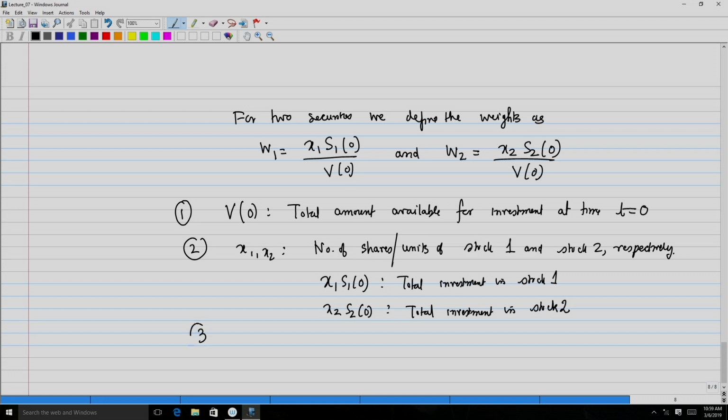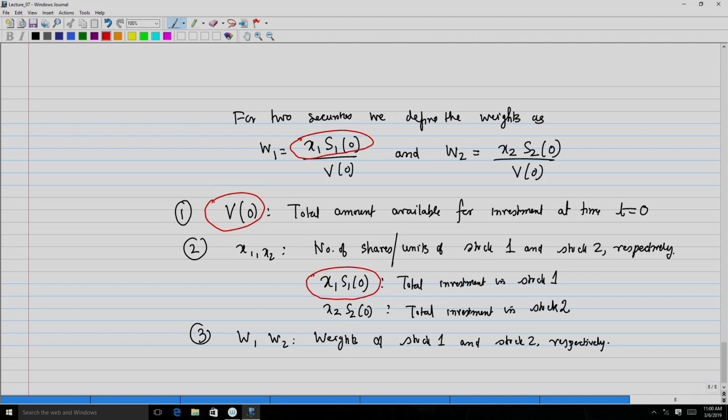This brings us to the definition that W1 and W2 are going to be the weights of stock 1 or security 1 and stock 2 respectively. Observe each term. I have said that x1 S1 0 is the total investment in stock 1. That means x1 S1 0 is the total money that you have invested in the first stock, and V0 is the amount of money that was available to you initially.